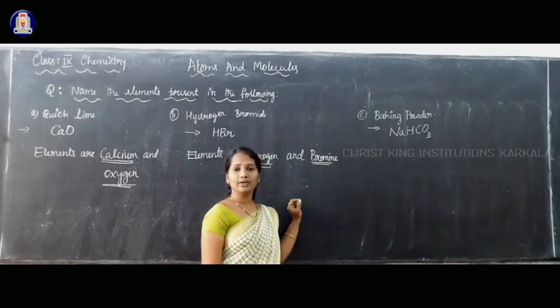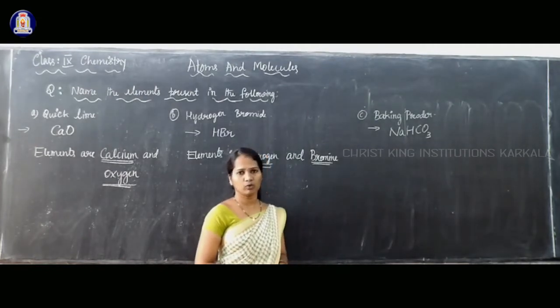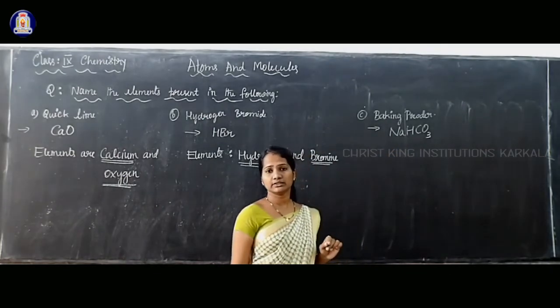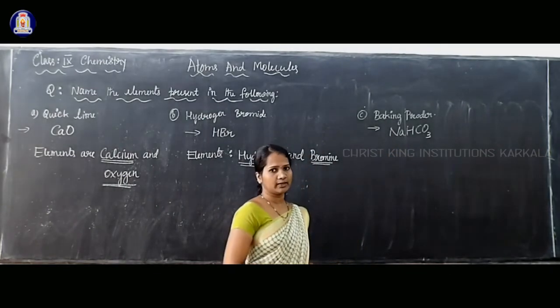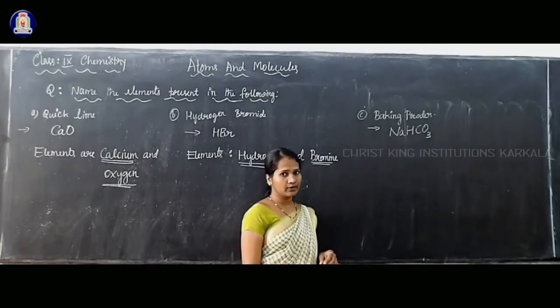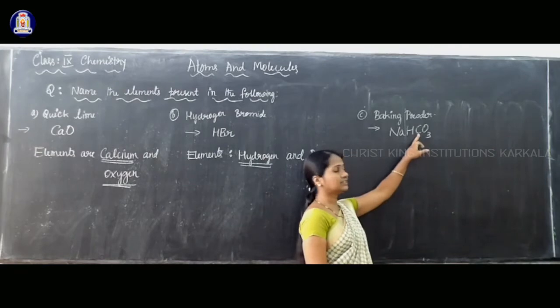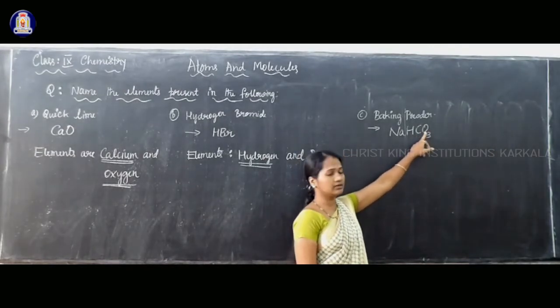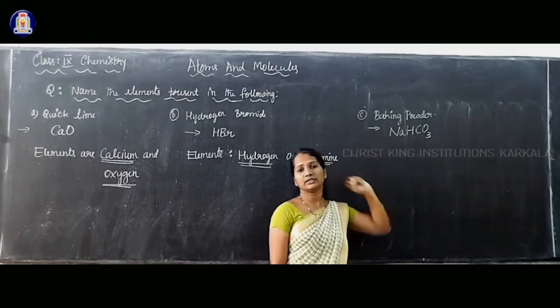Now see the elements which are present in this formula. Na means the symbol of sodium. Next is H. H is hydrogen. Next element is C. C is carbon. And next element is O. O means oxygen.